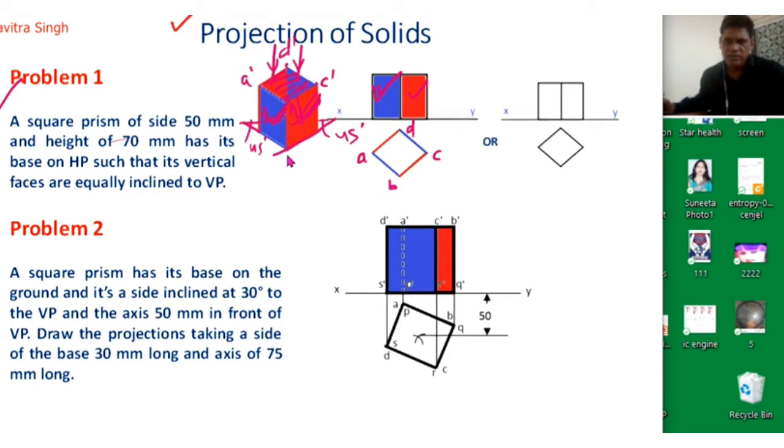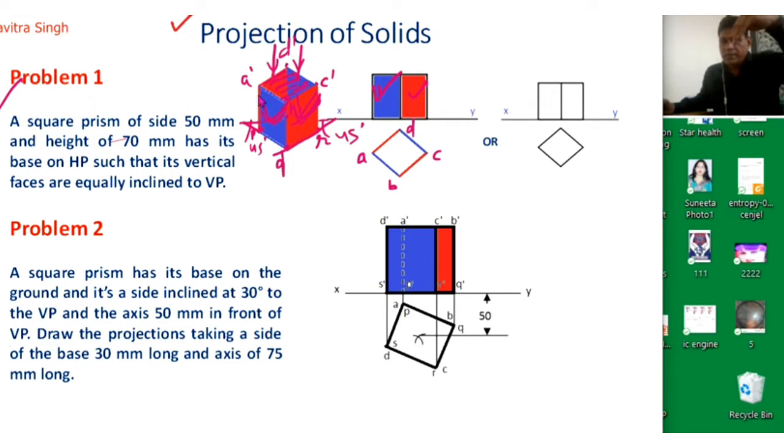Suppose this is point P, this is point Q, this is point R, and S will be on the back side. So when you see this from the top, you can see only this surface, meaning A, B, C, D will be visible, and the bottom surface will be on the back side of this top surface.